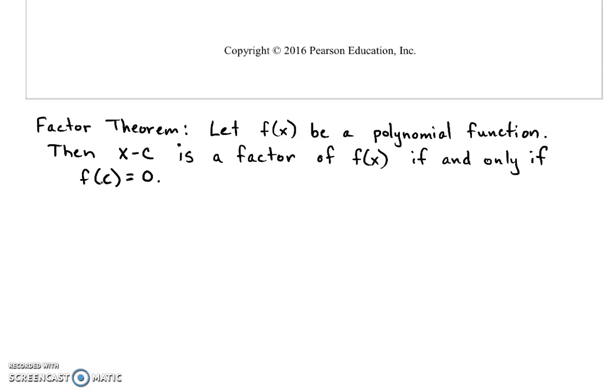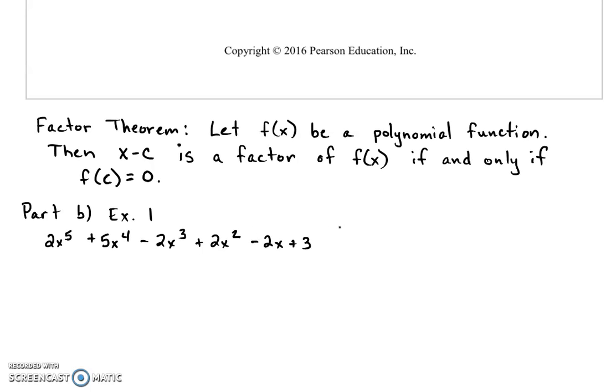So if we go back and look at part B on example 1, we had 2x to the 5th plus 5x to the 4th minus 2x cubed plus 2x squared minus 2x plus 3.